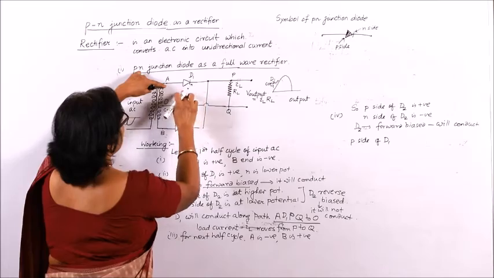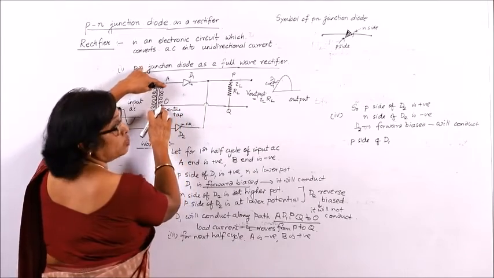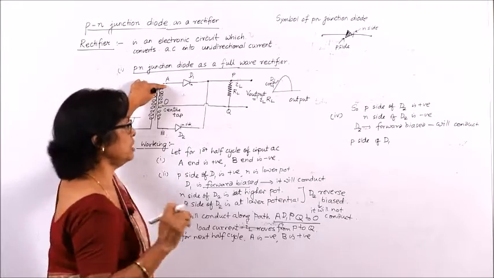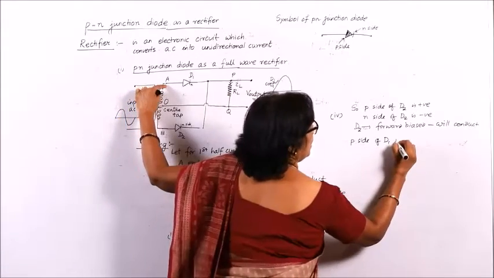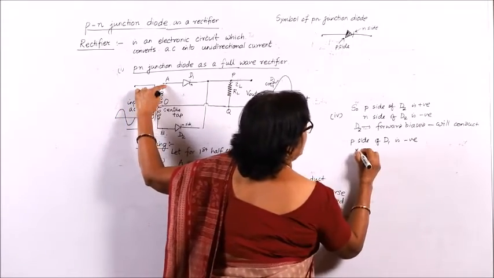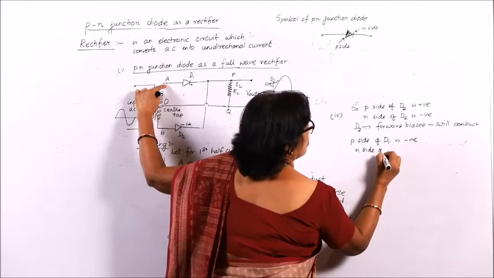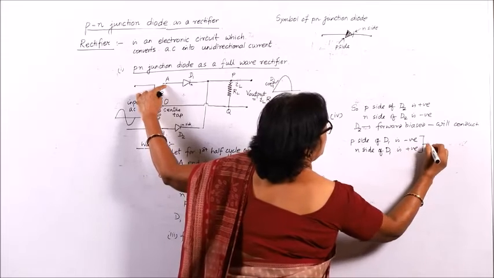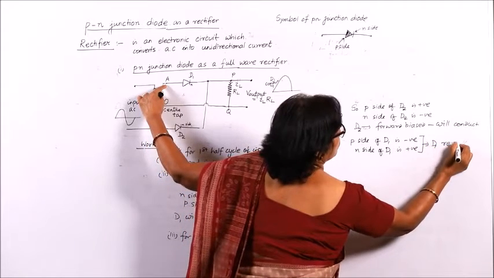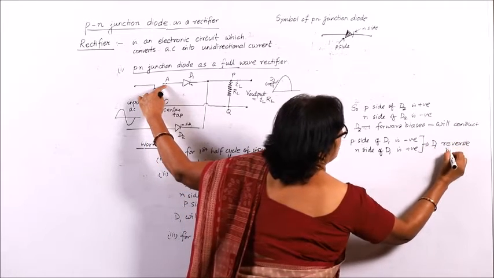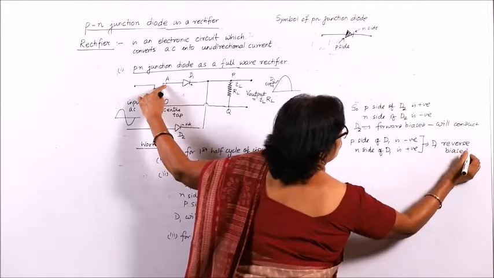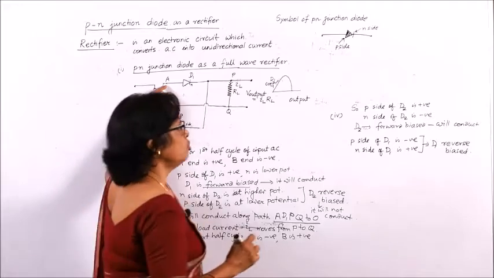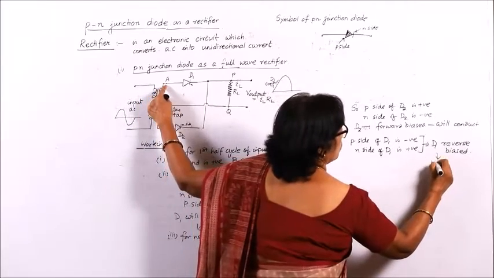So, the N side of D1 will be at a higher potential, and the P side of D1 is negative and the N side of D1 is positive. So, this makes D1 reverse biased, and we know that a reverse biased diode will not conduct. So, D1 will not conduct.